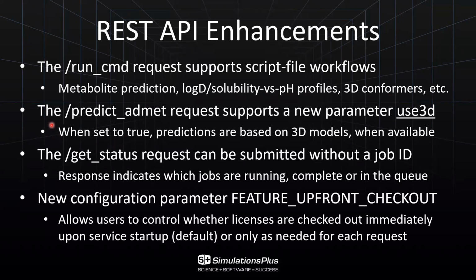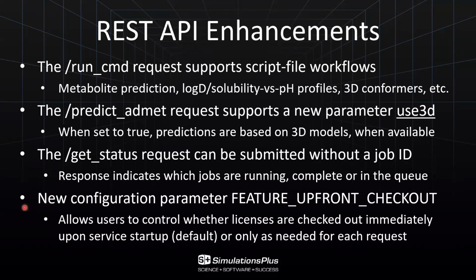The predict ADMET request now supports a new parameter that triggers the use of our 3D predictive models where available. The get status request can now be submitted without a job ID, in which case the response will indicate which jobs are currently running, complete, or in the queue.